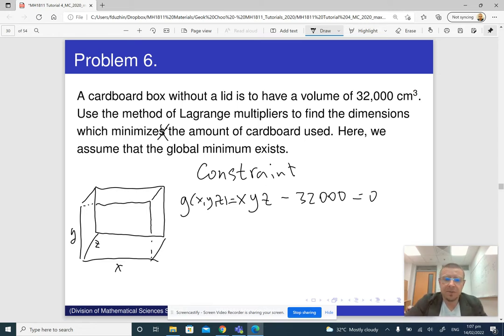Now, what is the objective function that we need to find the minimum of? The objective function is the amount of cardboard used, right? But the amount of cardboard used is essentially just the surface area of our cardboard box. Let me highlight the bottom here.